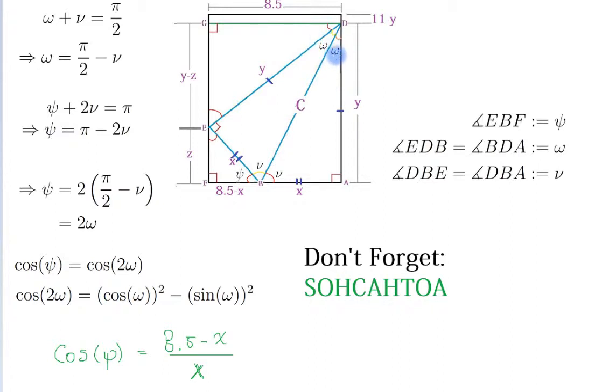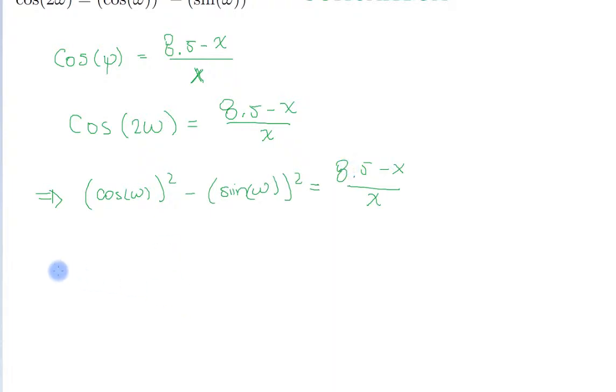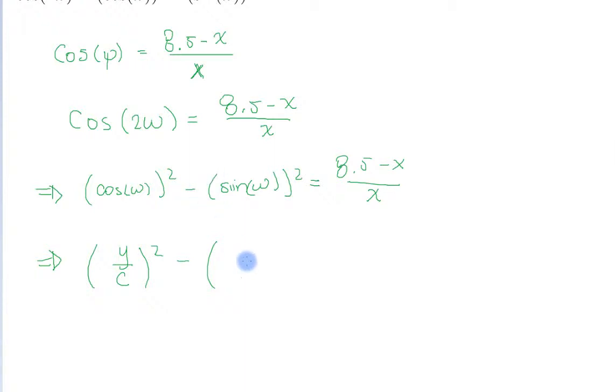Now cosine will be adjacent, that is y, over hypotenuse, which is c. So this implies y over c squared minus, now sine is opposite over hypotenuse, so it will be x over c squared, equals 8.5 minus x over x.